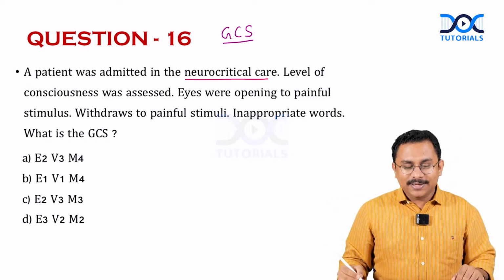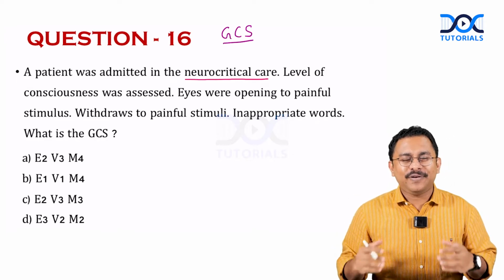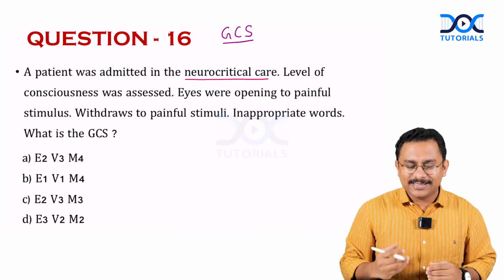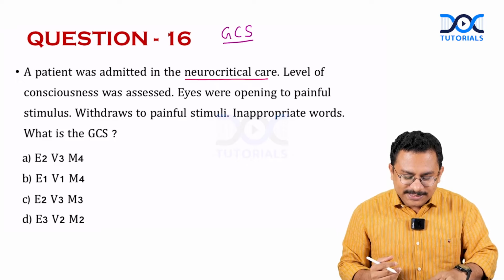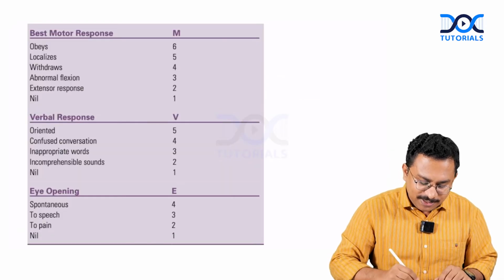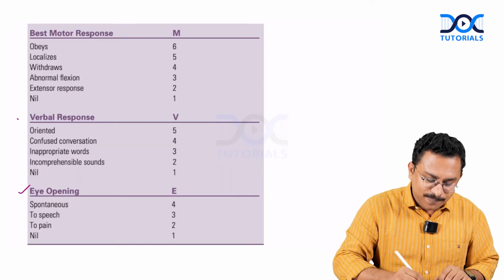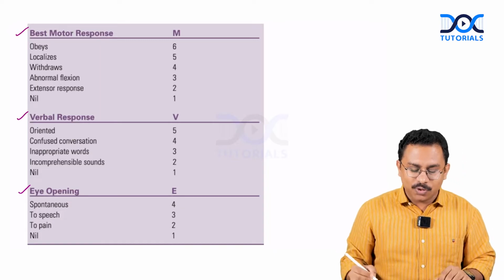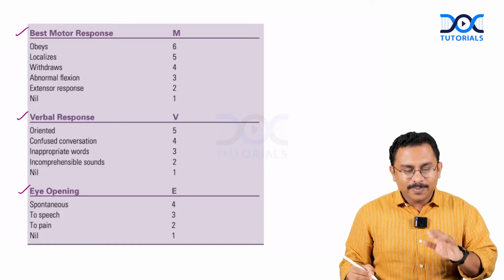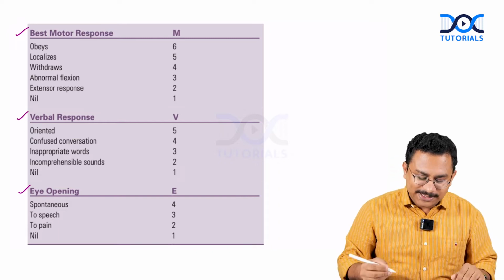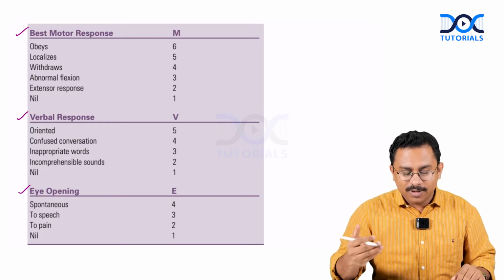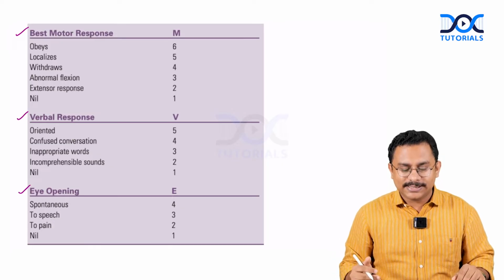Okay, right. So GCS is very important, often repeatedly asked in the entrance exam. So you've got to be very thorough with it. GCS takes into account 3 parameters: the eye opening, the verbal response, and the best motor response. The minimum score is 1 in each parameter. Maximum for eye opening is 4, verbal is 5, and motor is 6.